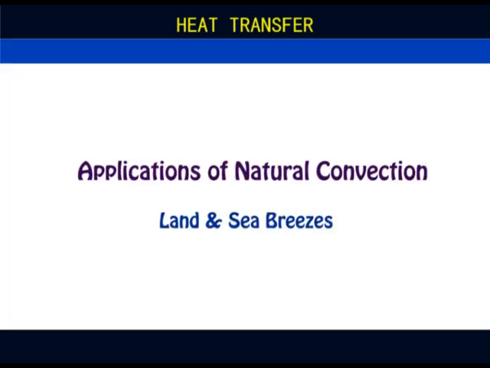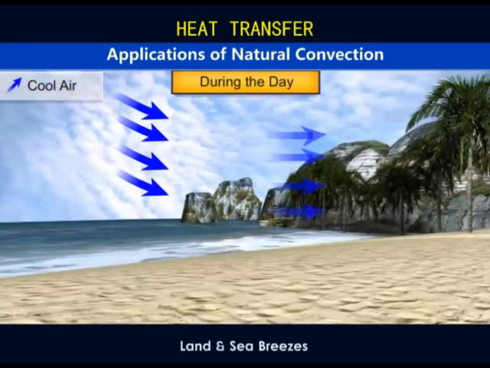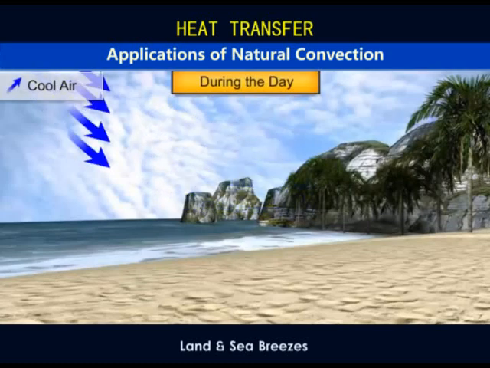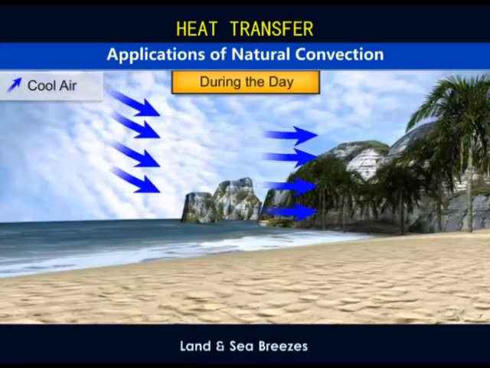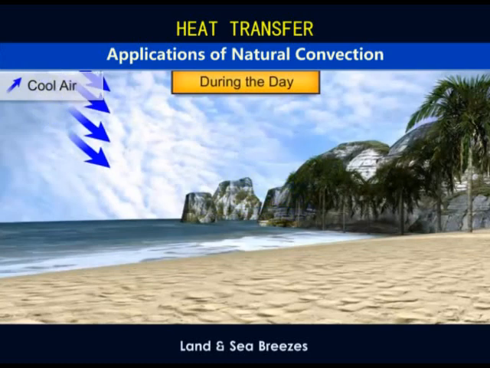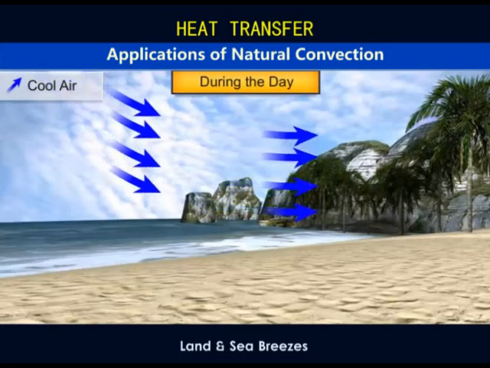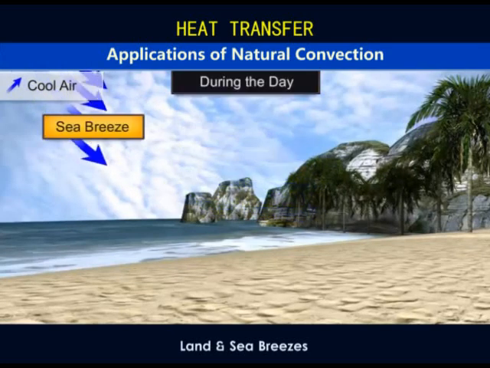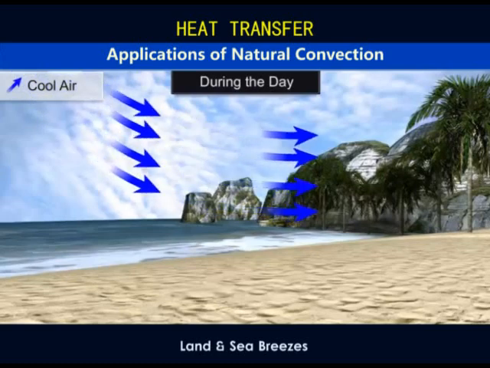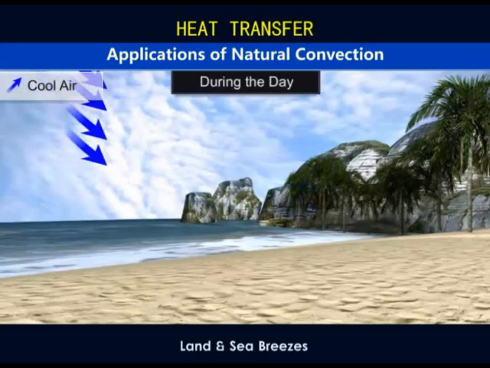Natural convection is responsible for many everyday phenomena. For example, in the coastal areas, wind blows from the sea to the land during daytime. This is known as sea breeze. Sea water warms up much slower than the land because water has high heat capacity.